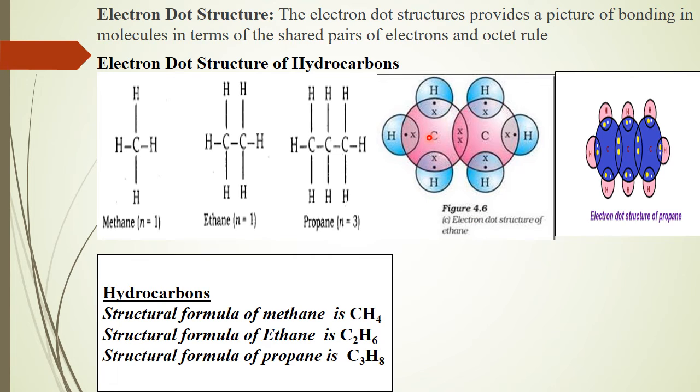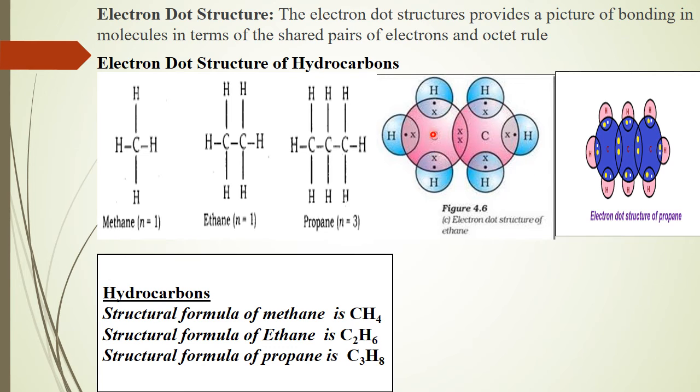This is your carbon atom with 1 electron each on all the 4. It is sharing one electron with this hydrogen atom, and this hydrogen atom. One electron is being shared with the other carbon atom. This carbon atom again shares one electron here, one electron here, one electron here, one electron with the other carbon atom.